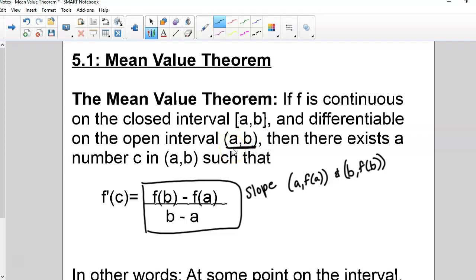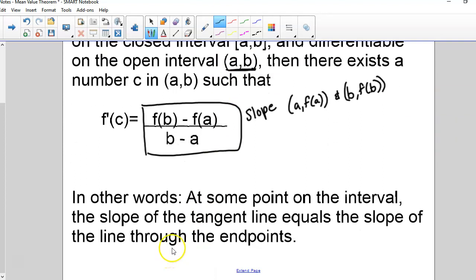Okay? So what this tells us is that if we have a graph somewhere and we have a point a right here and we have a point b over here somewhere, the slope of that line through the endpoints, we have to have a point on the graph somewhere where the slope of the tangent is the same, where the derivative is the same.